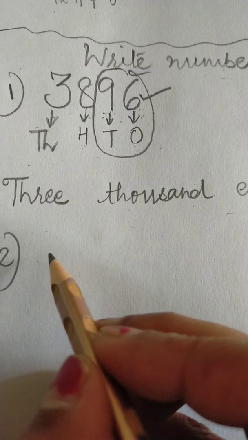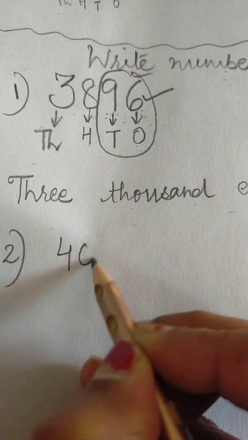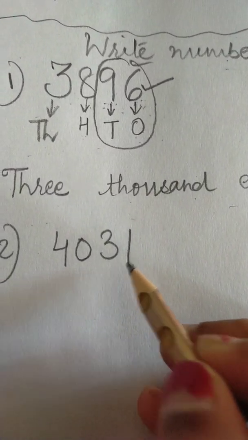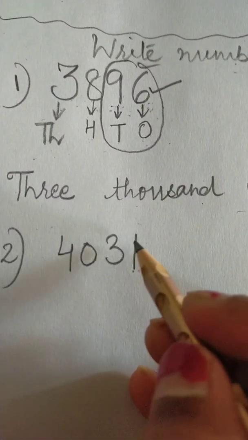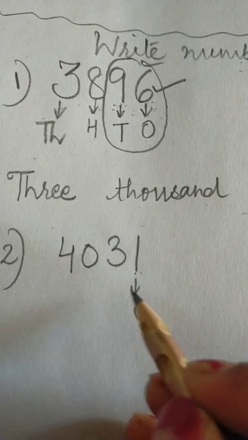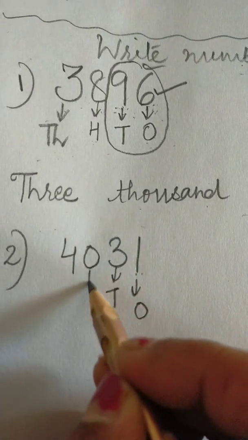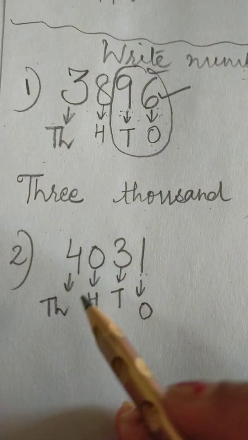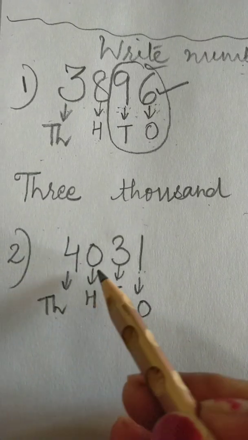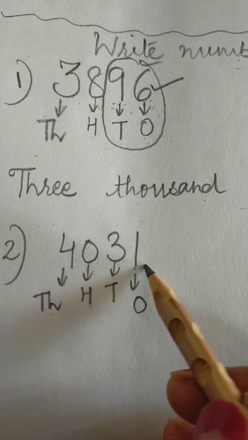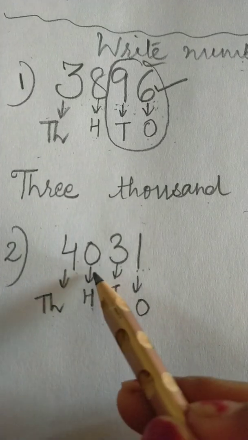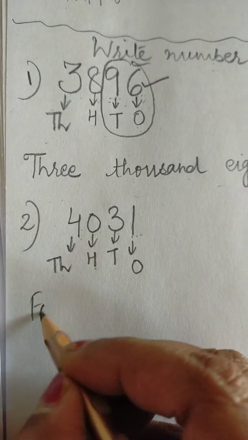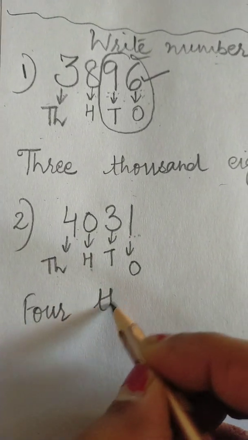This is the numeral form, and we have to write numeral form into number name form. As per the places, this is ones place, this is tens, this is hundred, and this is thousand. So how will we write this? 4031. 4000.